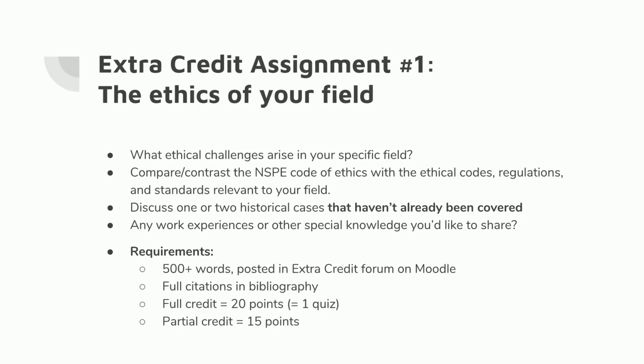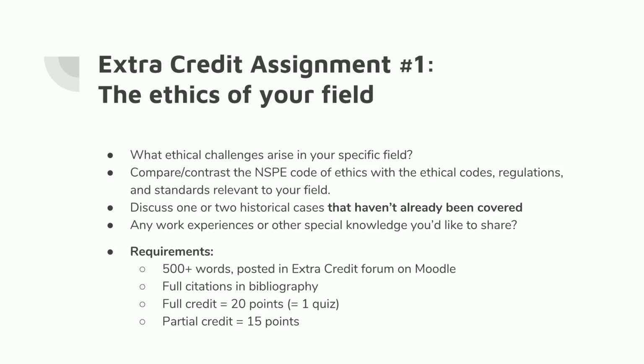And the assignment is to talk about the ethics of your field. So we just went over the NSPE Code of Ethics, which is a very general, generic kind of ethical code. You can see in your textbook in Appendix B, there are lots of other professional engineering society ethical codes, including the codes of ethics for mechanical engineers, automotive engineers, software engineers, civil engineers, and so on.